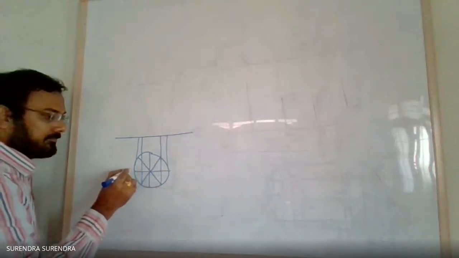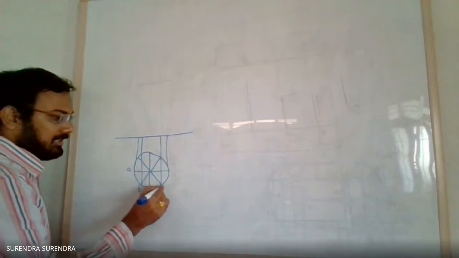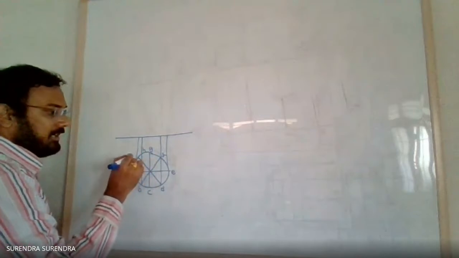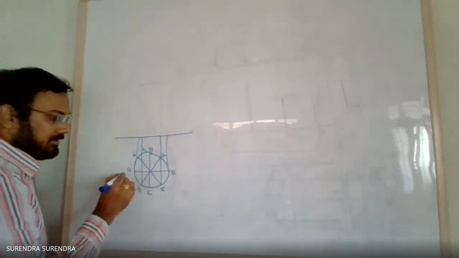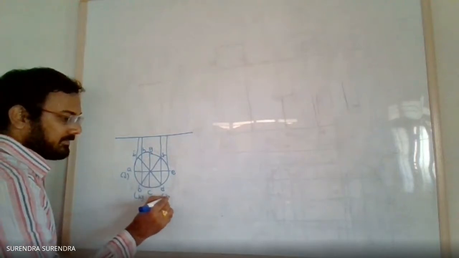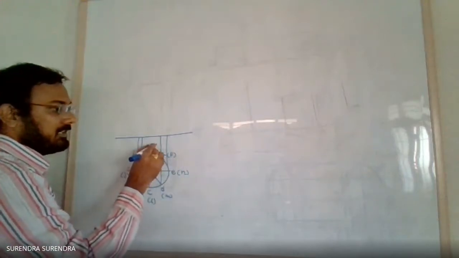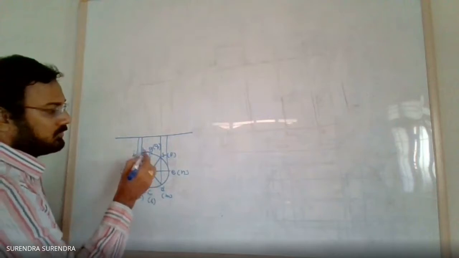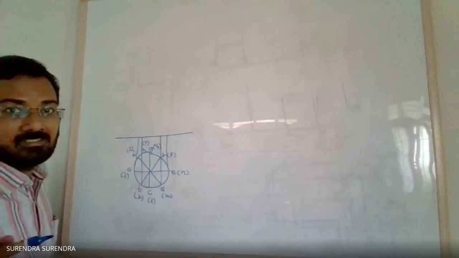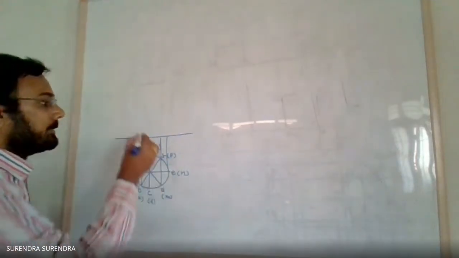Let these be A, B, C, D, E, F, G, H, J, K, L, M, N, P, Q, R and S. 8 points on the top base and 8 points on the bottom base.